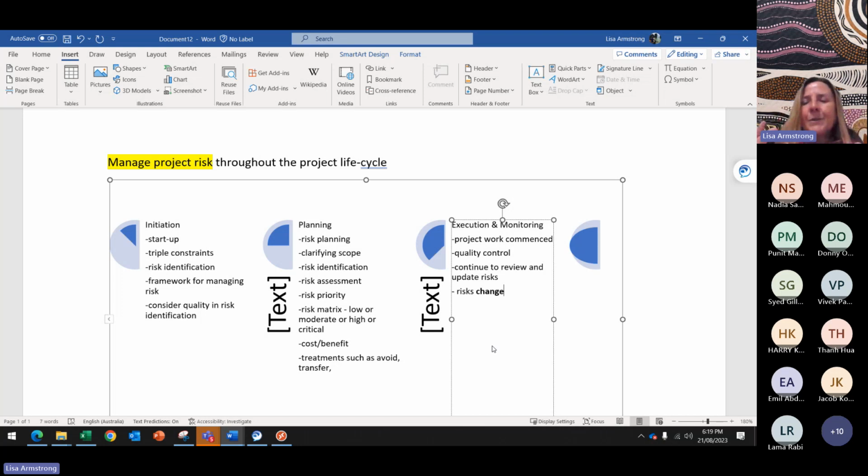So we have change. So what can happen when we talk about risks and change? I'm keen to hear from you there. Your risk percentage or your risk margin could either increase or decrease.